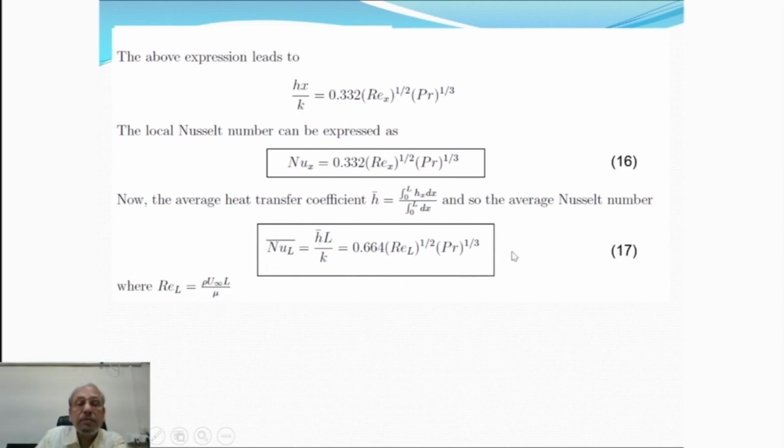So this is the average Nusselt number expression, this is the local Nusselt number expression, and we can see the consistency between the numerical solution, the exact solution obtained through the series solution, and the solution that we have just now found using the momentum integral and energy integral method.